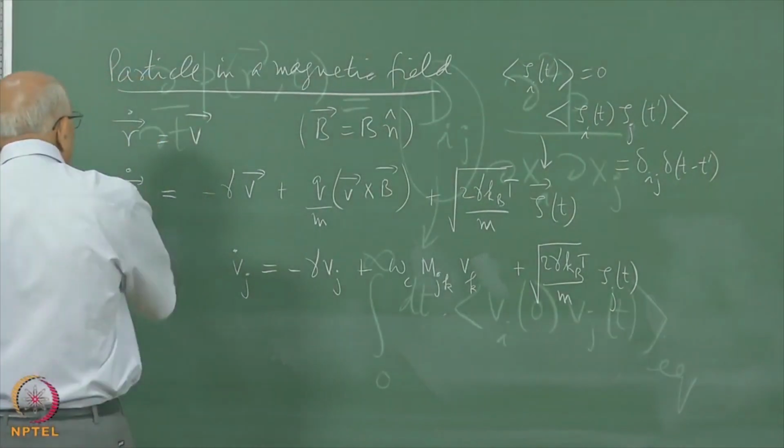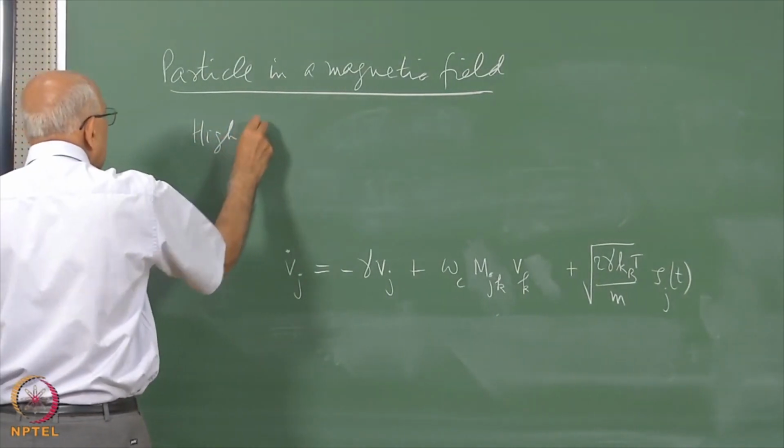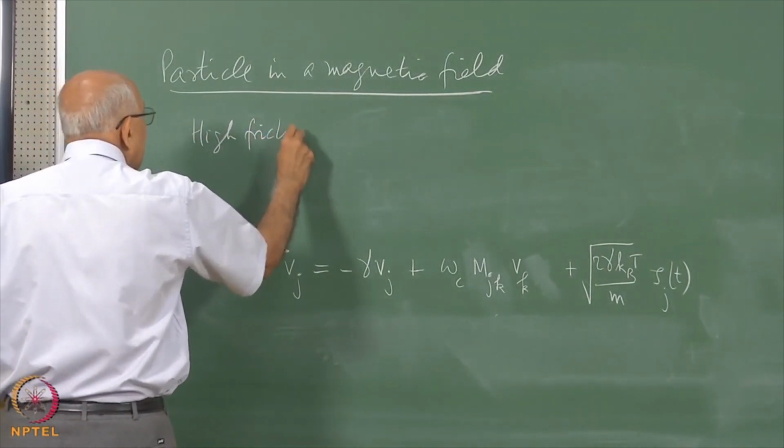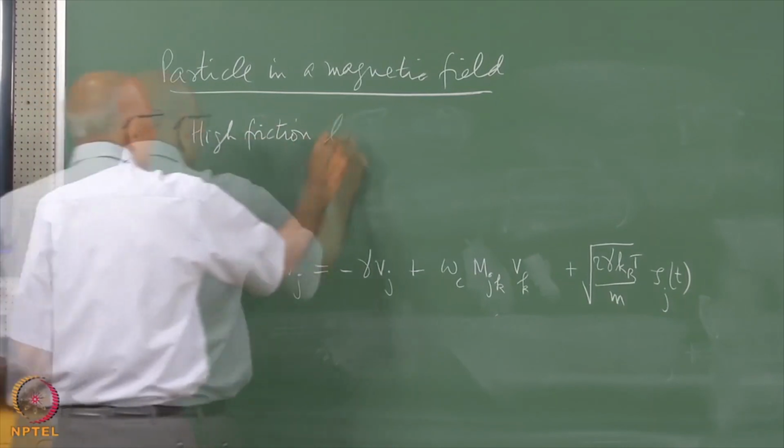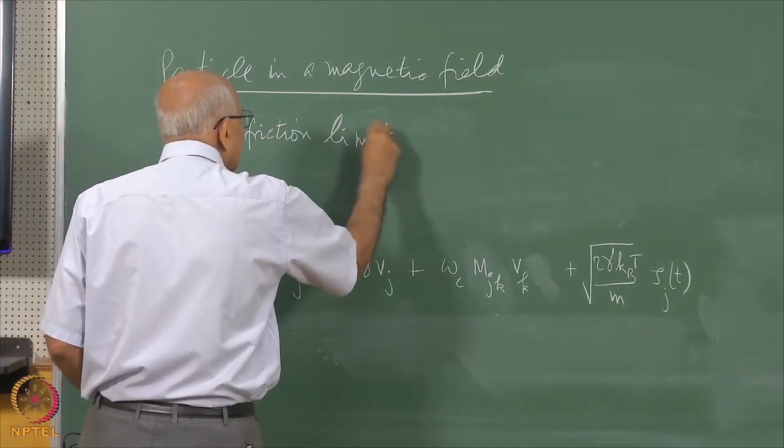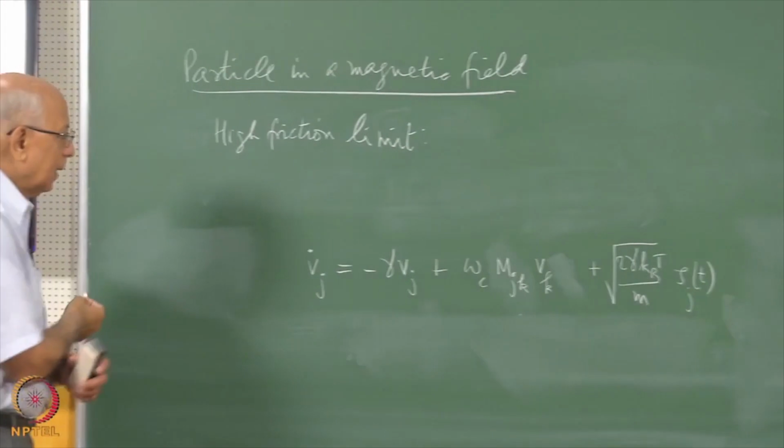In the high friction limit, somehow we have to get rid of the v cross B term, right? Exactly, yes. Okay.